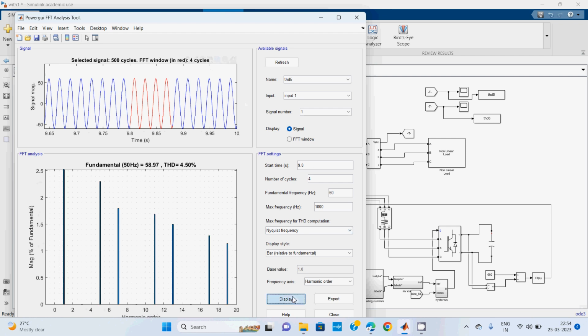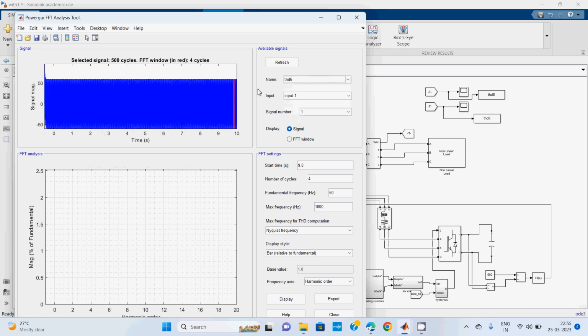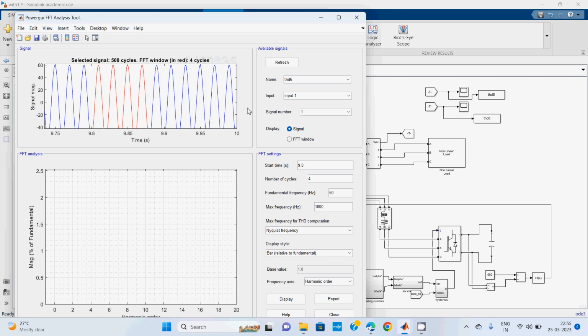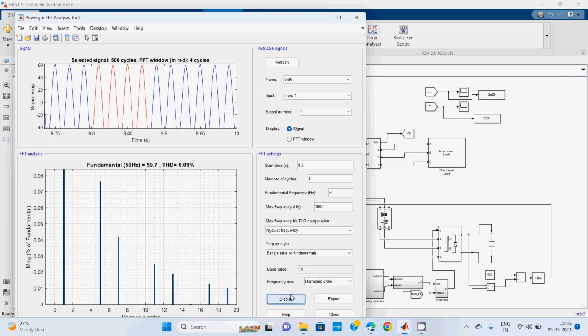While using the PI controller, the THD value of the voltage will be 4.50 percent, and the current value will be 0.09 percent. This is the THD value for the PI controller.